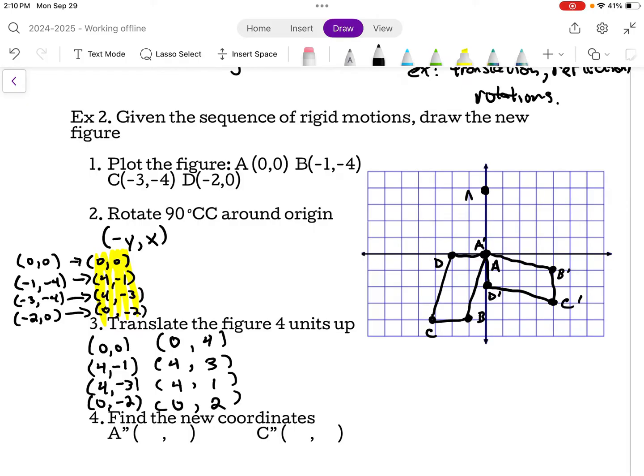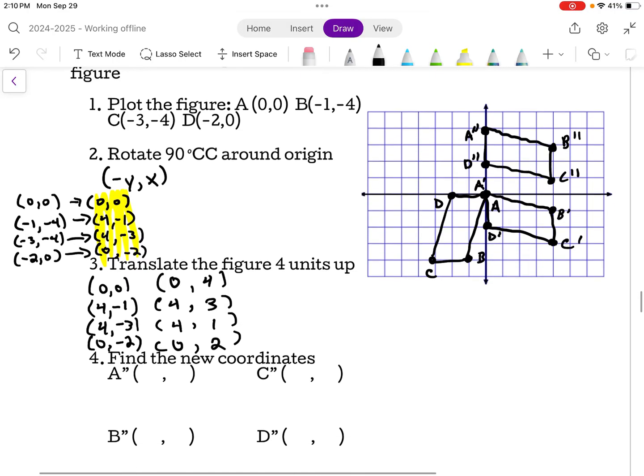There is a double prime, that point would have been D double prime, B double prime, and then C double prime. All right.